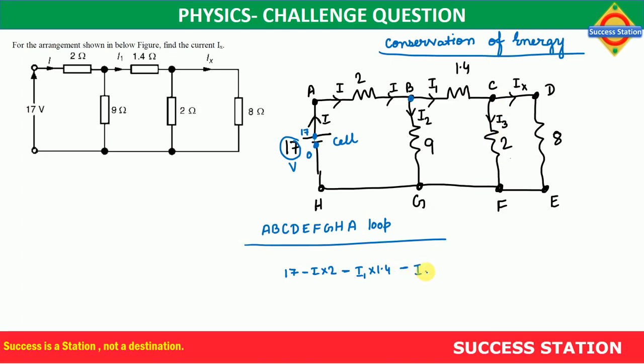Minus Ix into 8. And after that, no resistances are there, so nothing will consume my energy. So where will I reach? I will reach 0. After expending energy, I will come here, and again I will take 17 and my charges will start moving again. So this process continues.